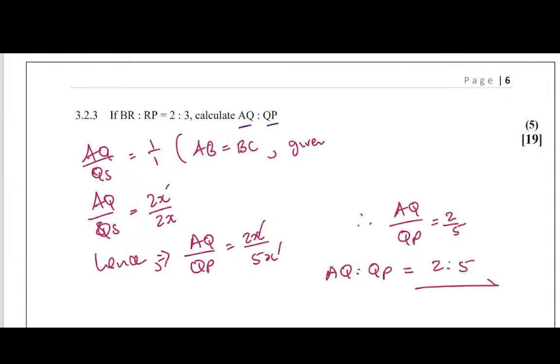Okay, then question number 4, they want us to rewrite the statement which says that a line drawn intersecting two sides of a triangle is equal to the third side. A line drawn parallel to that. And so how do we rewrite this whole statement to make it valid?